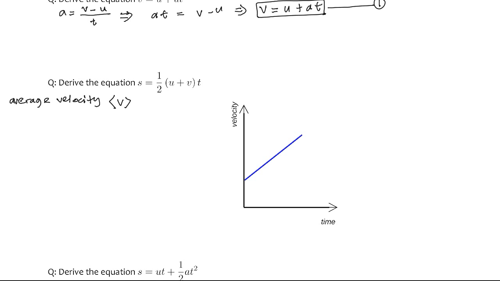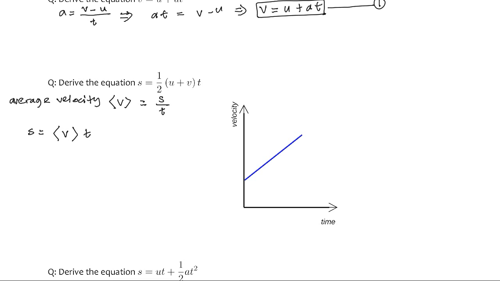The average velocity is equal to the total displacement divided by the total time taken. So I can rearrange this equation to make S the subject. So S will be equal to just the average velocity times the time.